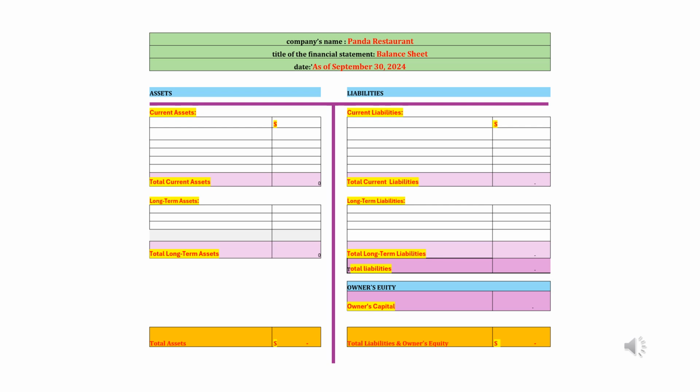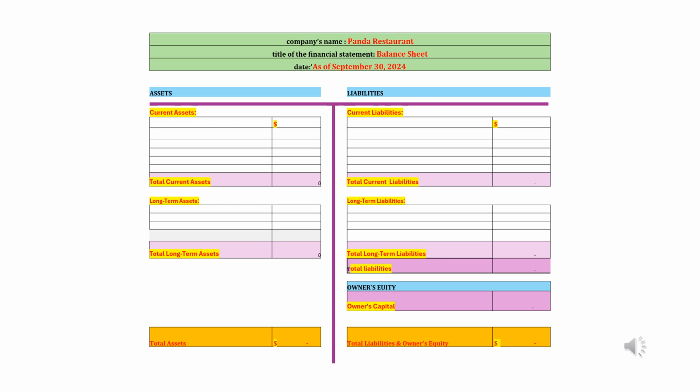Current assets, which are expected to be converted into cash or used within a year. For example, cash, accounts receivable, supplies, inventory, prepaid insurance. Long-term assets, also called non-current assets, which have remained in use for multiple years. For example, equipment, buildings, land.